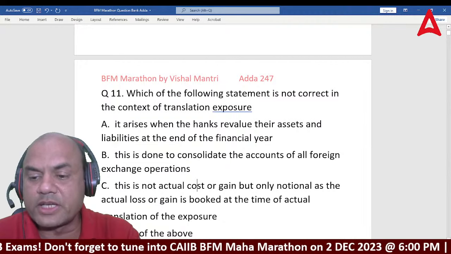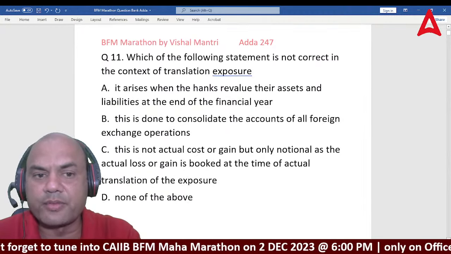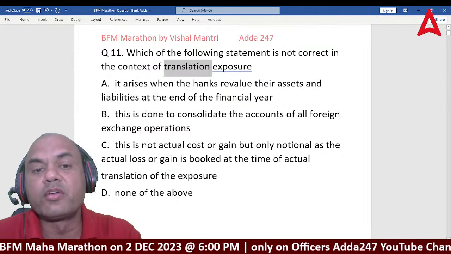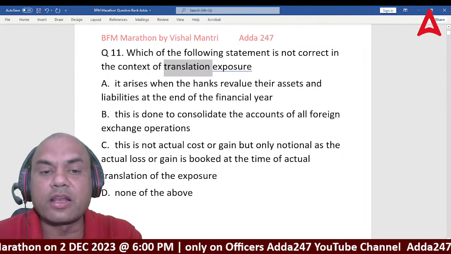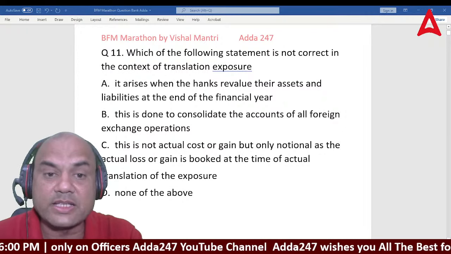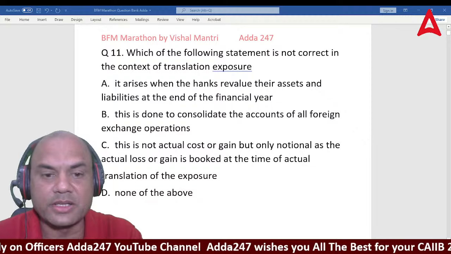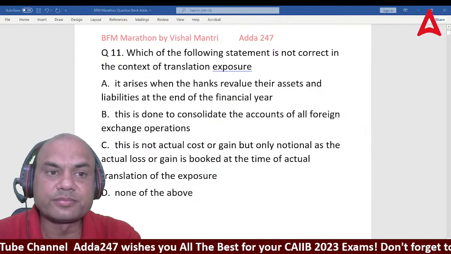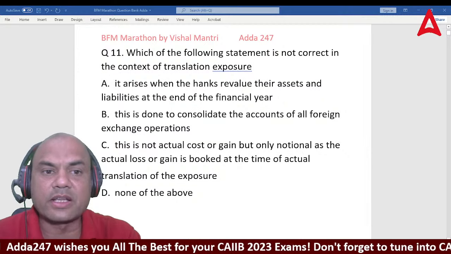Which of the following statements is not correct in the context of translation exposure? Firstly, what is translation? Everyone, what is translation?